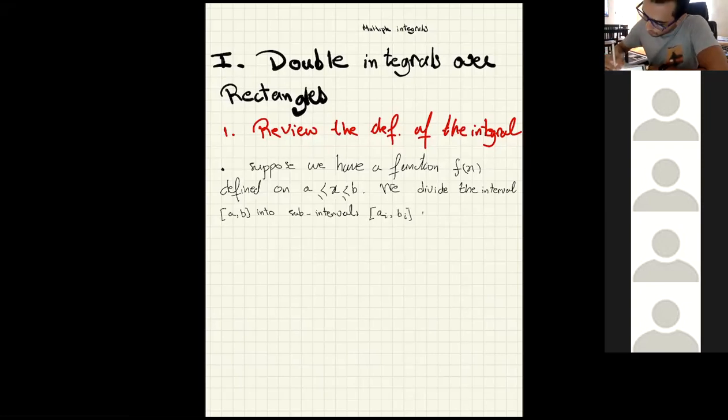And each one has a width delta x equal to (b minus a) over n, for some natural number n, okay?